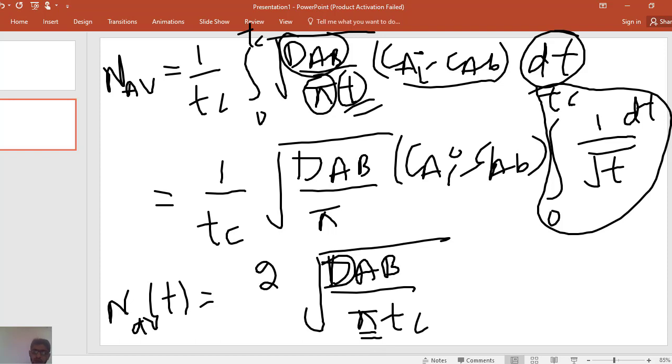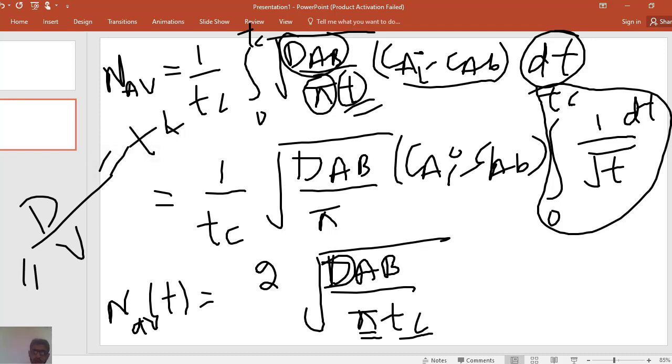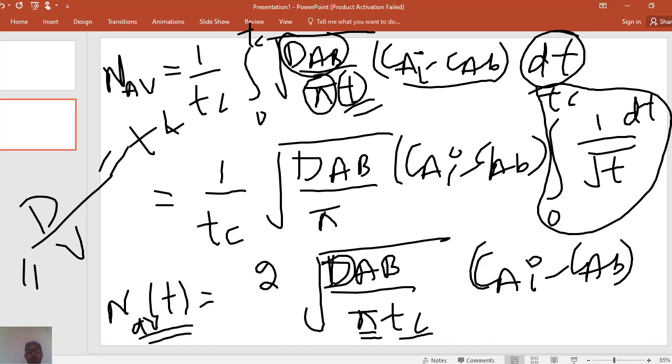This Tc is the contact time, which is obtained from the diameter of the bubble and the rising velocity of the bubble, which is nothing but the contact time of the liquid element with the bubble. And this is the average mass flux of component A in the liquid element.